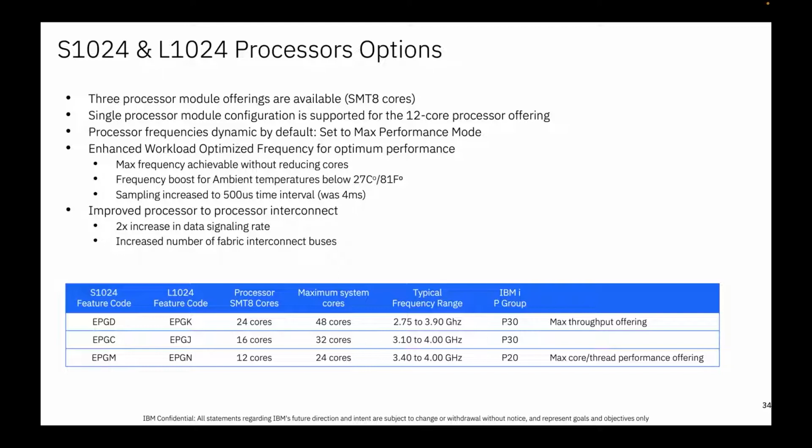So with 48 cores, what we're looking for is the maximum system capability. If we want maximum core thread strength, we'd be looking for the 12 core modules. So it's important to consider more cores may or may not be better depending on how single threaded our workload is. The benchmarks are going to tell us indications, but our particular workload will give us some better guidance.